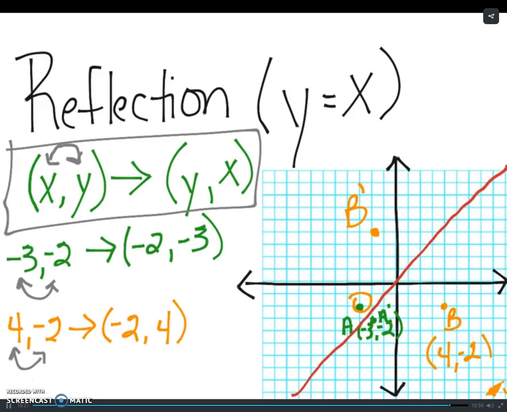Now, it's not always foolproof in that you can't always see or count exactly the distance between the point and the line of reflection, especially on y = x. But please use some common sense. If you were to graph those, you should be able to see that they should be the same distance. They should at least eyeball it. You should be able to tell they're pretty close to the same distance from the line of reflection.